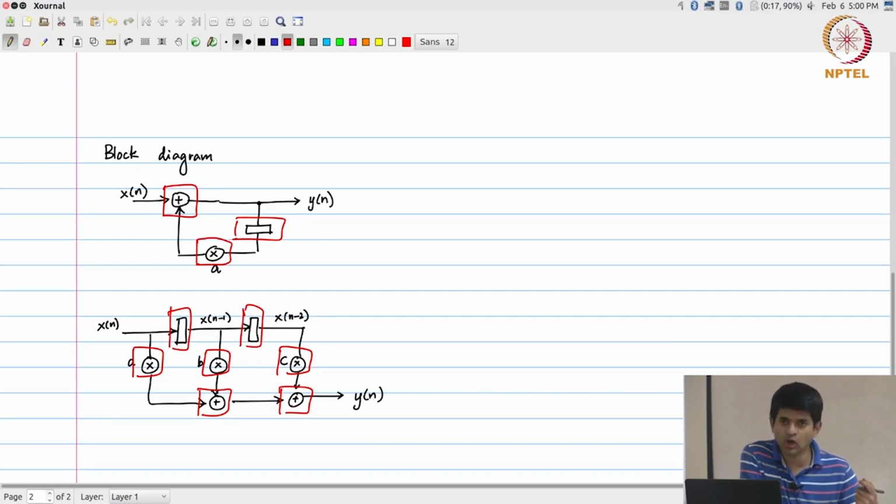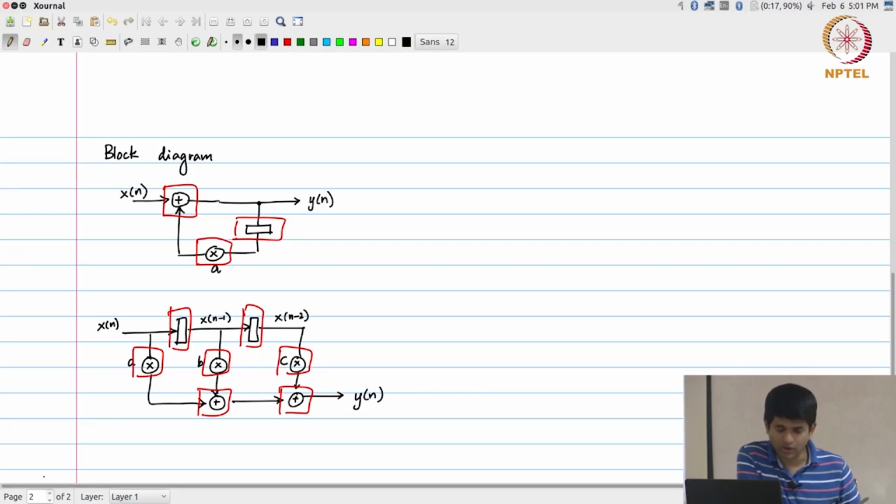So what we will see is all the different kinds of representations that we have are ultimately going to impose some kind of restrictions, or some kind of assumptions, on the way that we implement things, right, and that in turn will affect what kind of information we can derive from those representations. Okay. So the block diagram is a very common one. In almost any signal processing book you will come across these kind of block diagram representations, right. All that the block diagram is saying is this is the equation, this is how you could implement it if you had hardware blocks that did all of these things. Okay.